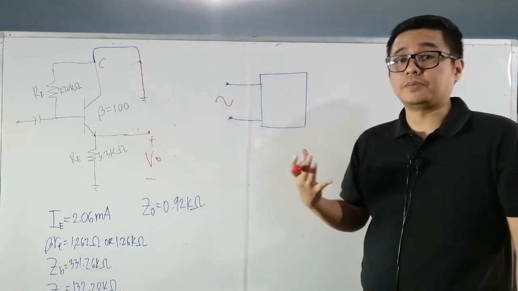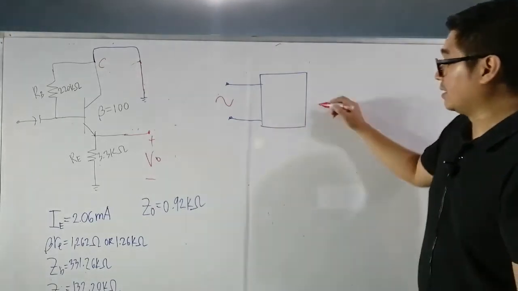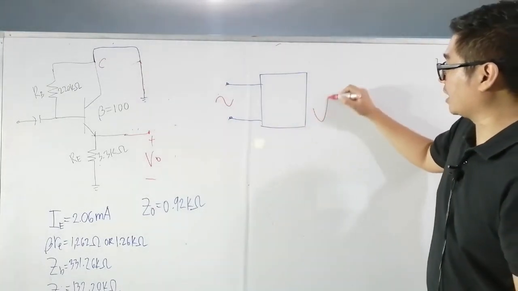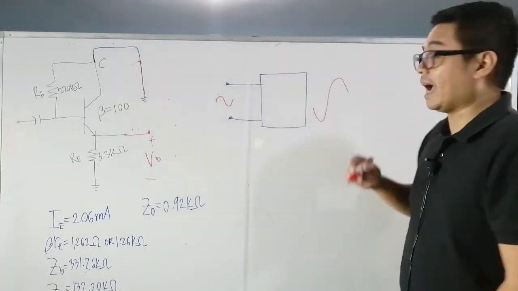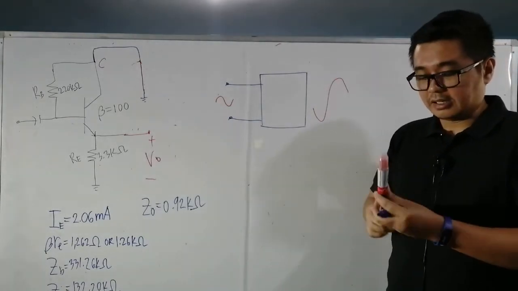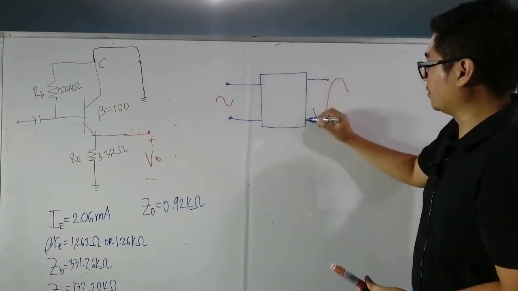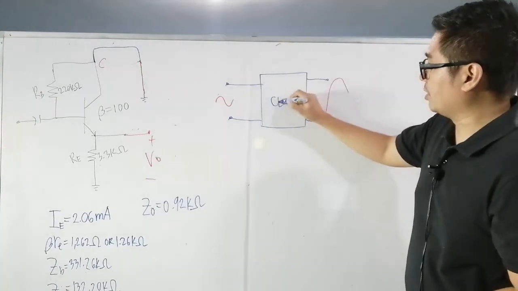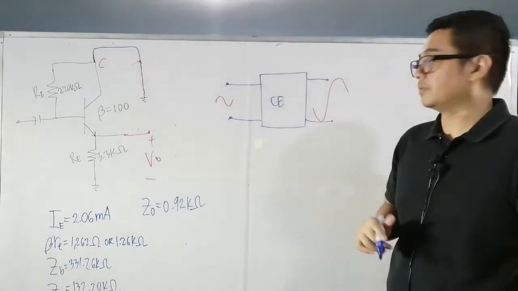No, the output voltage is being amplified. For example, kung common emitter siya, ganito yung more likely magiging itsura ng kanyang output. Out of phase by 180 degrees and then amplified yung kanyang values. Alright? So let's say this is a common emitter circuit, whether it is fixed bias, emitter stabilized, so on and so forth.